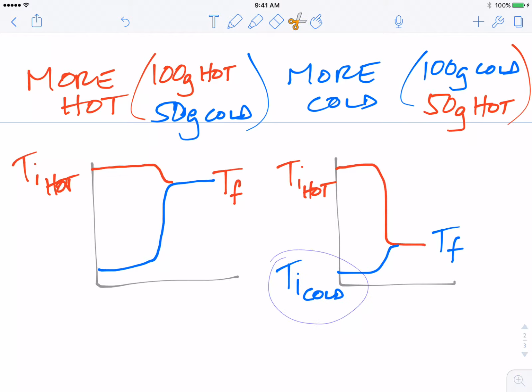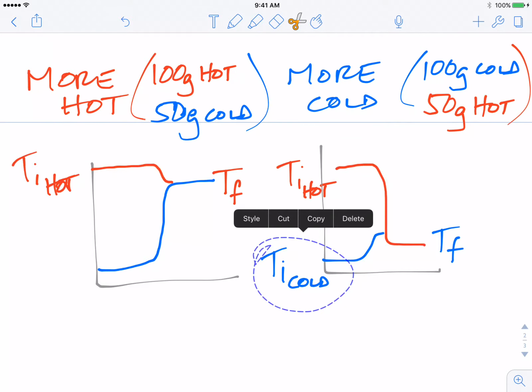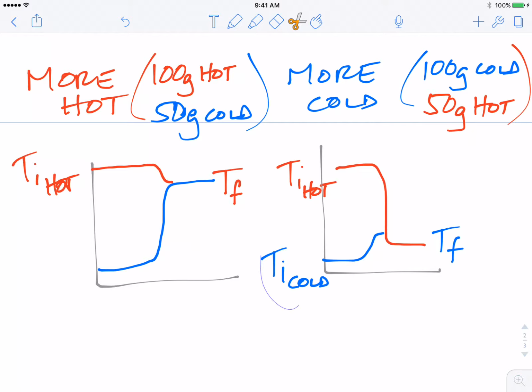All right, close enough. So that's kind of what it should look like.